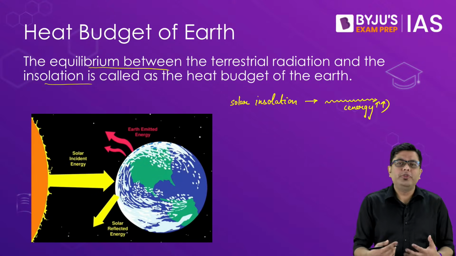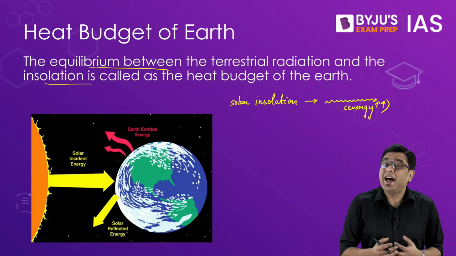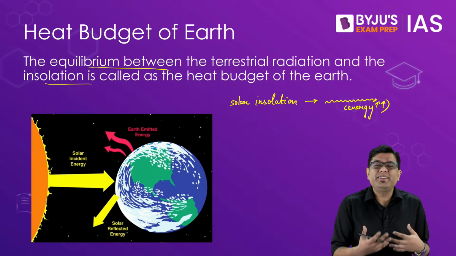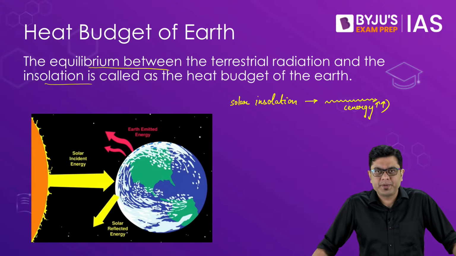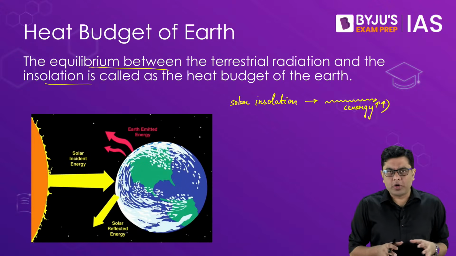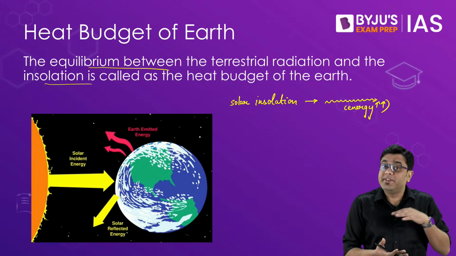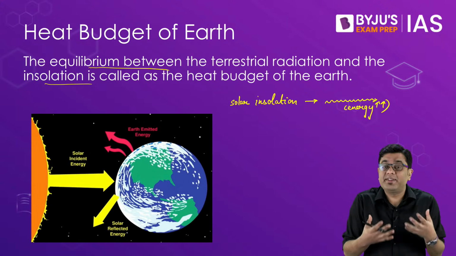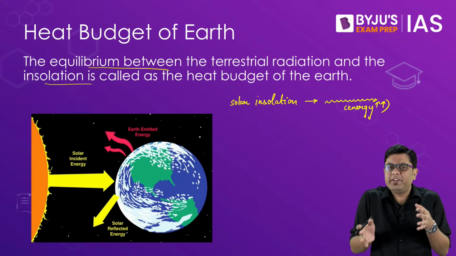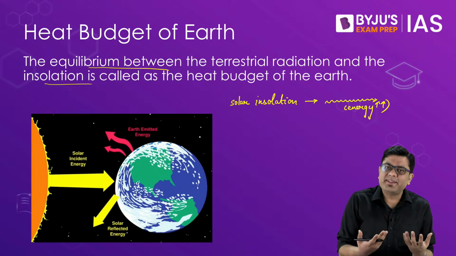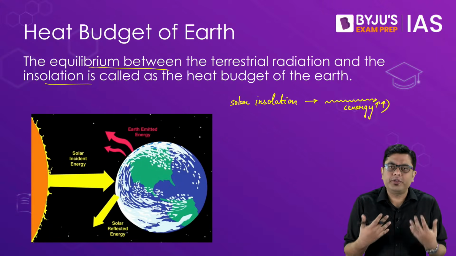Then we also have what we refer to as the outgoing terrestrial radiation. Now, how is this terrestrial radiation achieved? Just like any other object, after a prolonged day of heating, the surface of the planet also starts heating up. As the surface of the planet attains a certain temperature, it starts acting as a hot object on its own.